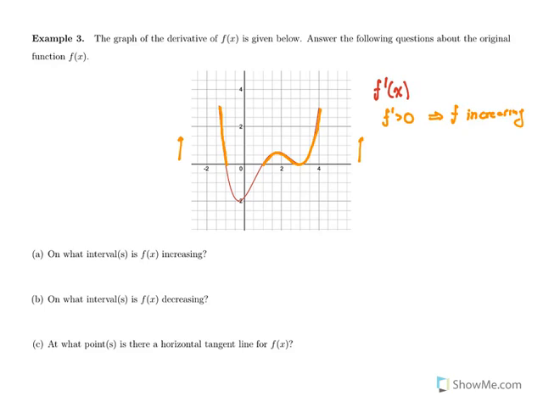And the interval there is going to be, this is going off in both directions, so the interval is going to be -infinity to -1, and then 1 to 3, and then 3 to infinity. No, we're not going to include 3 because 3 is a special point where the derivative is 0, but we have those 3 intervals. We're looking at x values here. So -infinity to -1, 1 to 3, 3 to infinity.